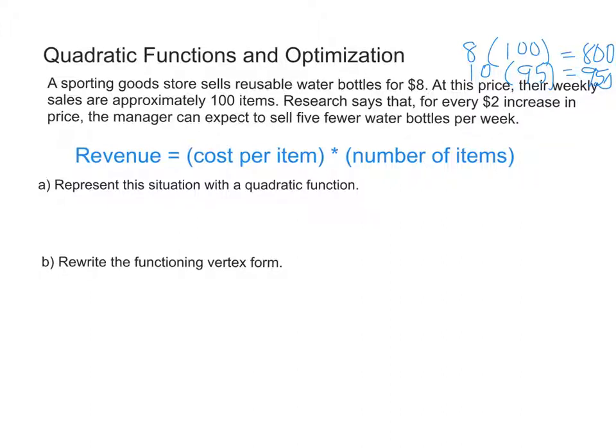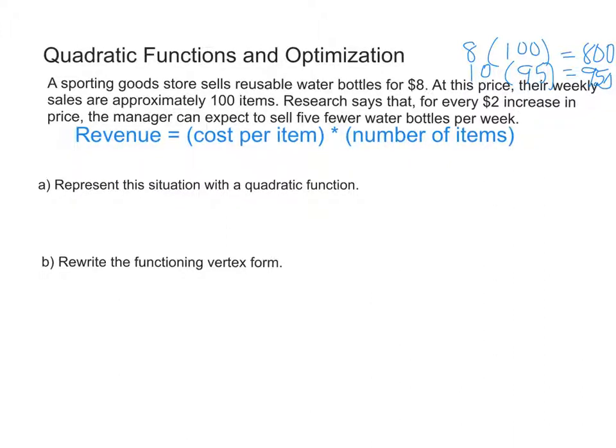So the variable is actually going to be the number of price increases. So let's put that down as well. I'll move that up. And I'm just going to say x equals number of price increases. So it's how many times they increase the price.